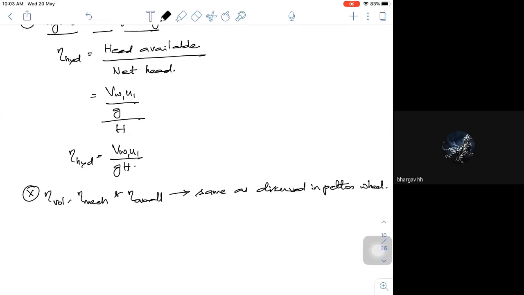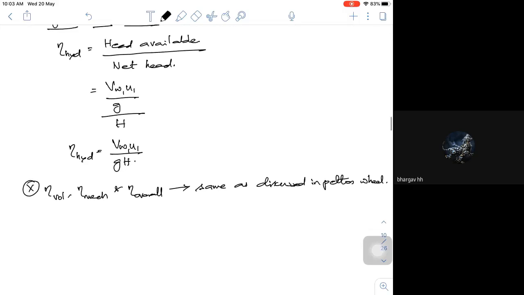So what is volumetric efficiency? It is the volume of water available to the volume of water supplied. What is mechanical efficiency? It is the power available at the shaft to the power available at the rotor. Overall efficiency is the power available at the shaft to the energy supplied to the turbine. Those expressions that we discussed remain the same.